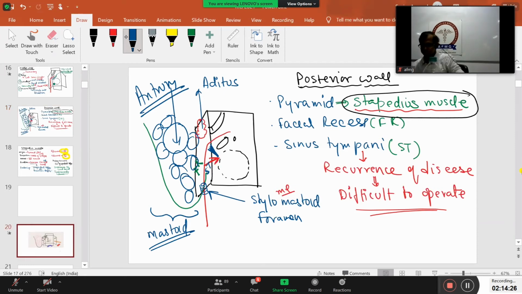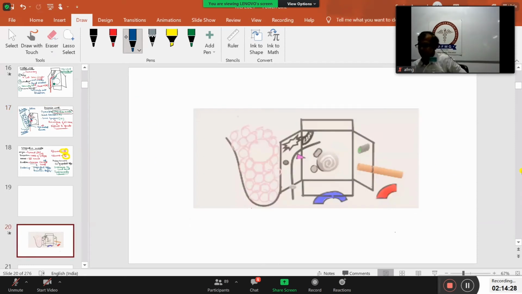Look here. I think you can identify everything here. So if you want to show the relation of the middle ear and the mastoid, this is a beautiful diagram to show you the relation of the middle ear and the mastoid.